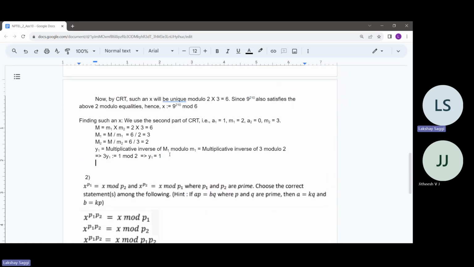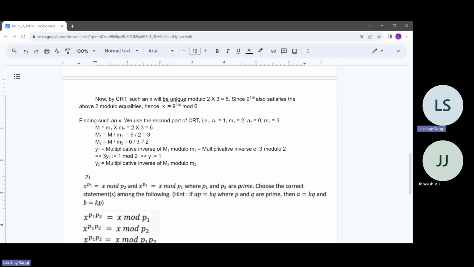We've obtained y1 equals 1 here. Similarly, y2 will be nothing but, as described earlier, the multiplicative inverse of capital M2 modulo small m2.